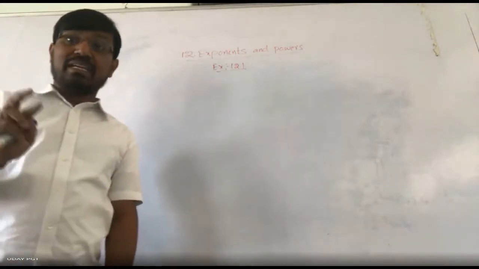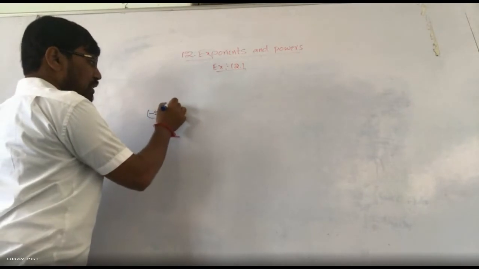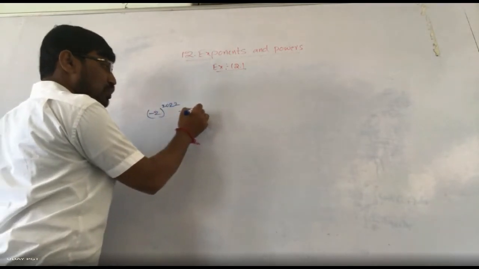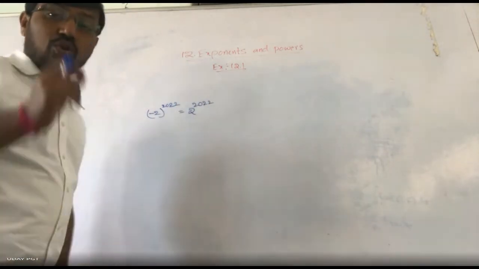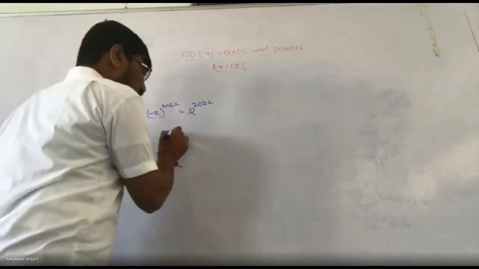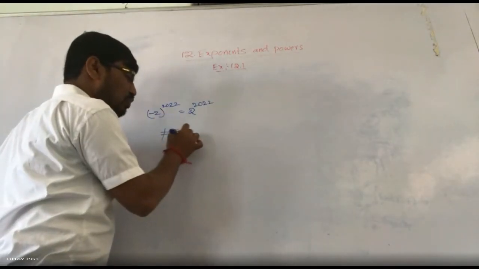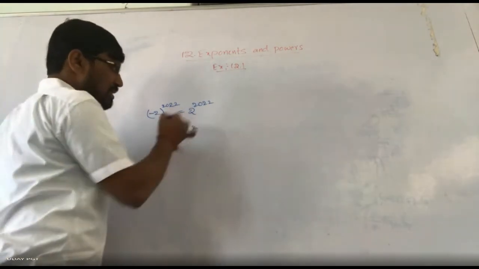Sir, can we write the problem like 2022 square? No, that is completely wrong. Minus 2 power 2022 can be written as 2 power 2022. This is what you know: 2 has to be multiplied 2022 times. You cannot write this as 2022 whole square. That is completely different, because they are not equal.